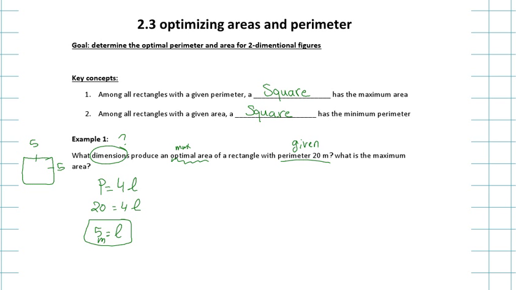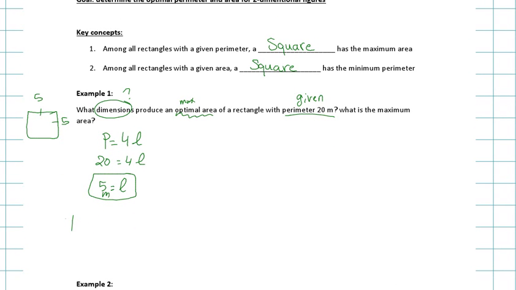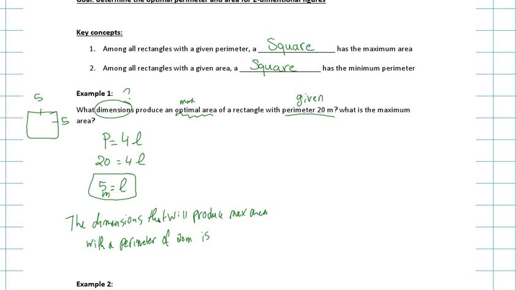The dimension that will produce the maximum area with a perimeter of 20 meters is 5 meters by 5 meters.